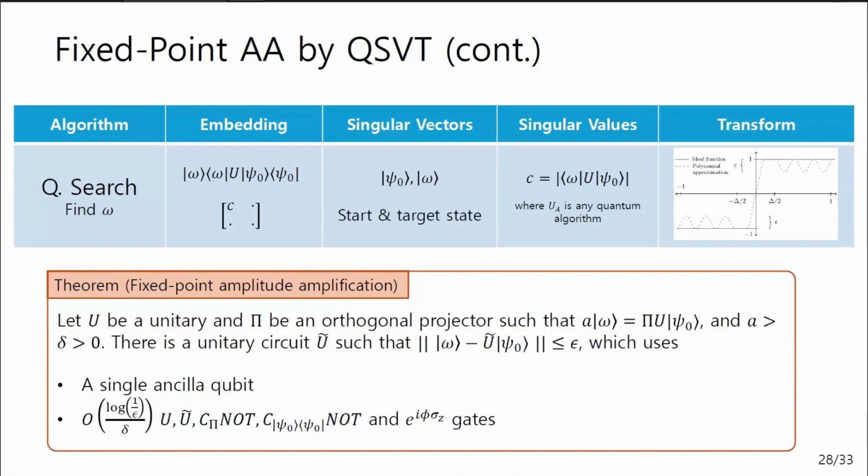There is a unitary circuit U tilde such that the norm of omega minus U tilde psi 0 is less than epsilon, which uses a single ancilla qubit, and the number of U tilde, C pi naught, C psi 0 psi 0 naught and RZ gates is proportional to log 1 over epsilon over delta.